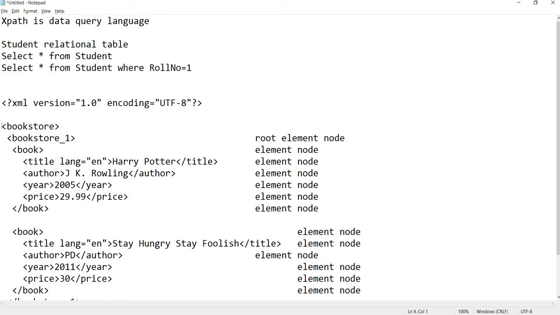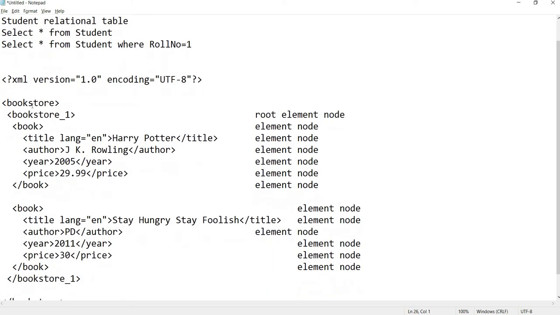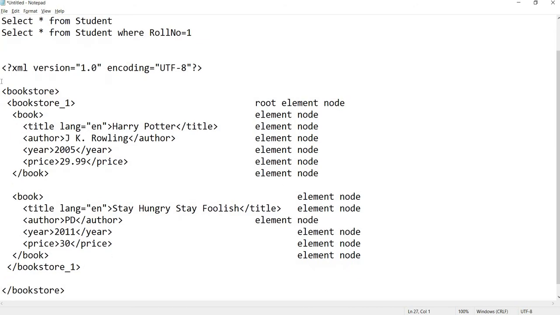Now let's understand a few terminologies with respect to XPath. I have one sample XML here, and in this XML, the whole data represented in this document is represented inside this bookstore open and bookstore close, right? So this bookstore is a root element.